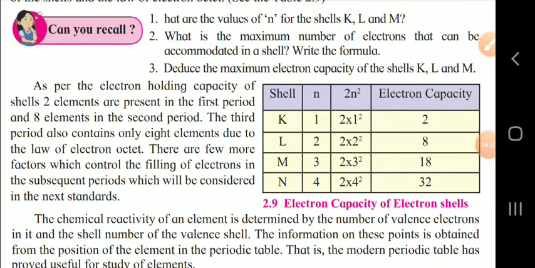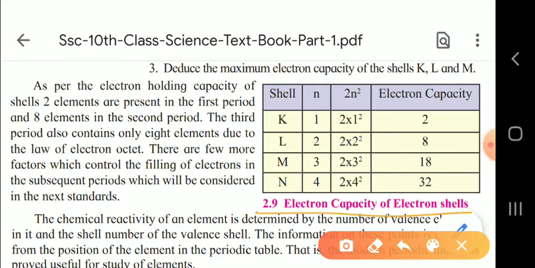Children, here we will see the electron capacity of an electron shell. This is according to the formula 2n square. This is the formula. N is the number of the shell. If it is the first shell, n is 1. So 2 into 1 square is equal to 2, the electronic capacity. Now again 2n square, the second shell, therefore 2 into 2 square will be equal to 8.